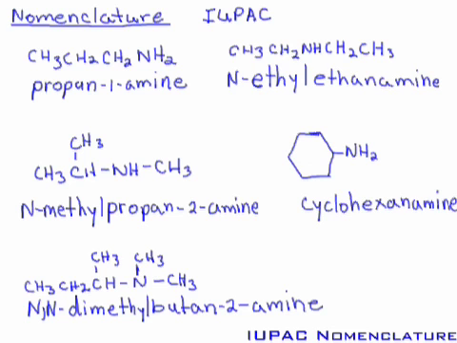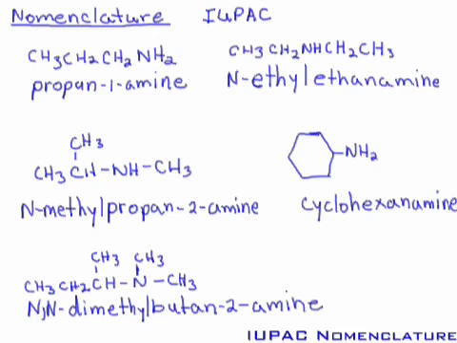Now, there are cases where common nomenclature has been adopted by IUPAC. Specialized names can often be used as opposed to the systematic method that we've just covered. Two examples are the case for benzenamine and for methyl benzenamine.